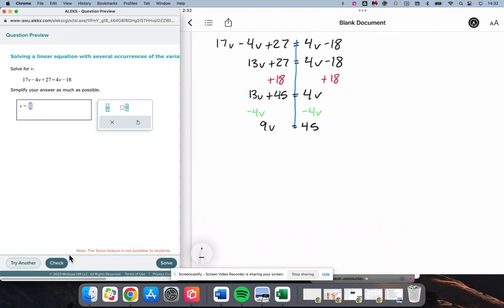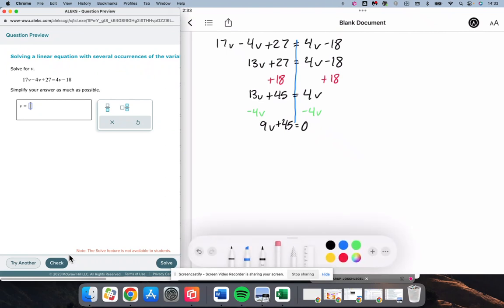What this person just did is completely unrelated to solving equations. Now they're inventing rules that I can move the 45 to the right side with no consequence. What you would actually have is 9v plus 45 equals 0, which is okay.